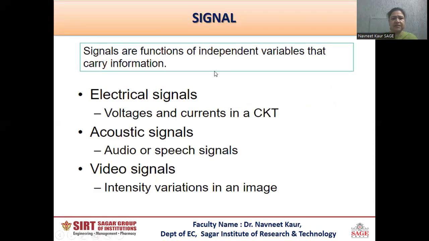Signals, as I have already discussed, are functions of independent variables that carry information. Signals can be electrical signals like voltage and current in a circuit, acoustic signals, which are audio speech signals, or video signals, which depend on the intensity variations in an image.